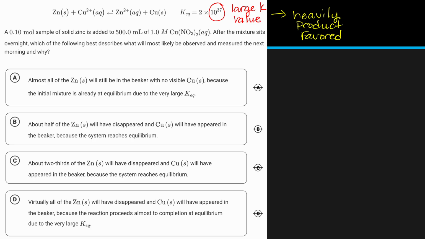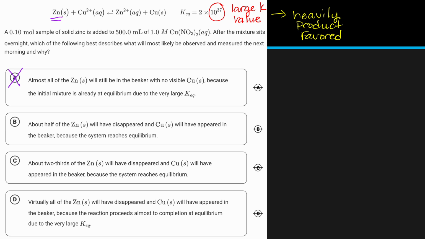So looking at answer A, it says almost all of the zinc will still be in the beaker. So zinc is a reactant. So since we know we have such a large K value and will be on the product side of the reaction, this would be an incorrect answer because almost all the zinc will be consumed, not still in the beaker.